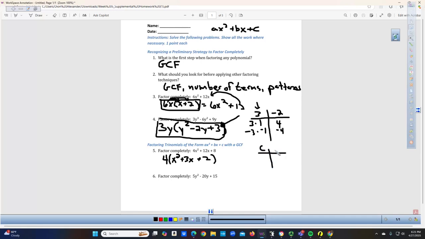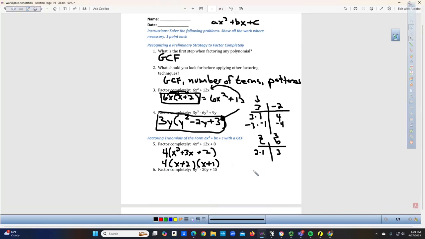So this will always be your C term. This will be your B term. So this is going to be positive 2. This is going to be positive 3. So 2 times 1 is going to give me 2. 2 plus 1 is 3. Therefore, I know that this can still factor to x plus 2, x plus 1. And then I still have my 4 on the outside as my GCF, right?